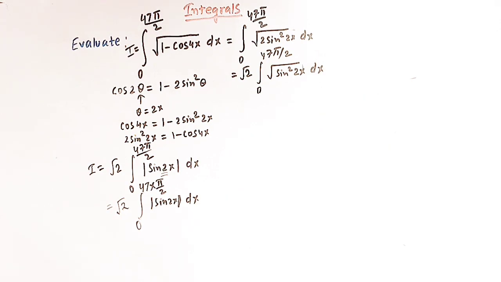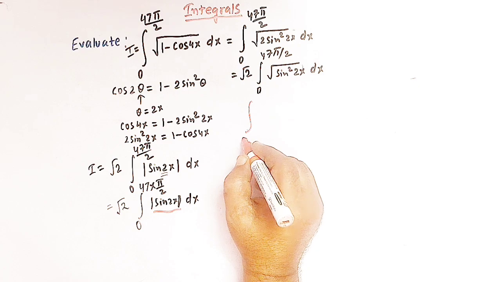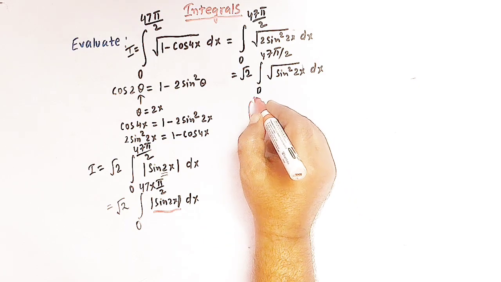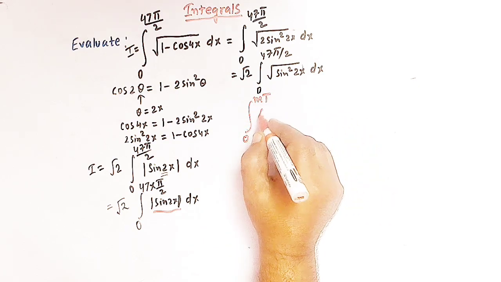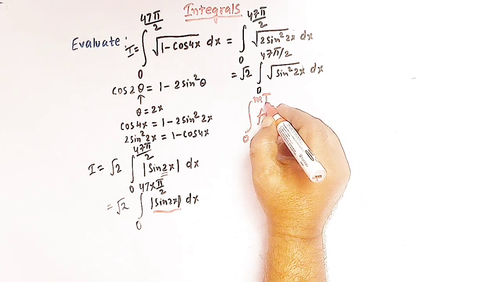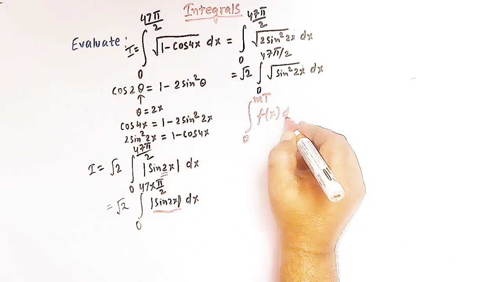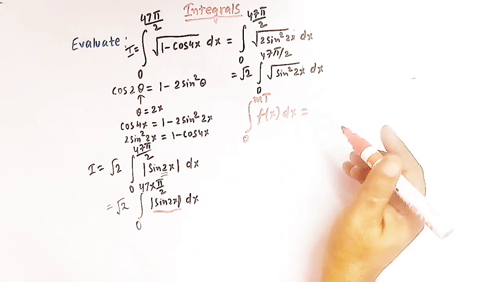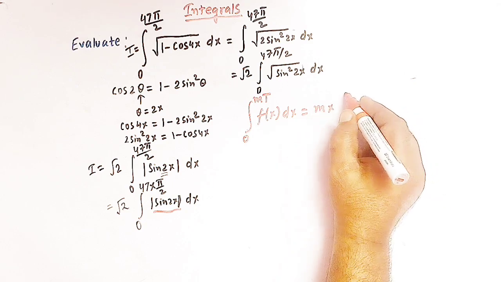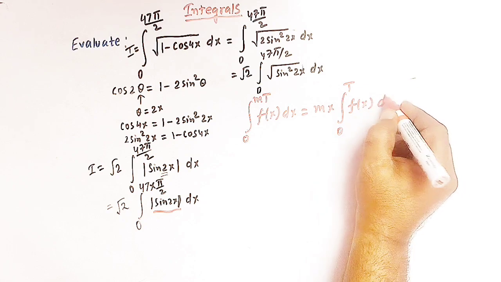Now let us make use of an important property of definite integrals involving periodic functions. If we have an integral from 0 to m times t, where we have a periodic function f of x whose period is t, and m is some positive integer, then the value of this integral is given by m times the integral from 0 to t of f of x dx.